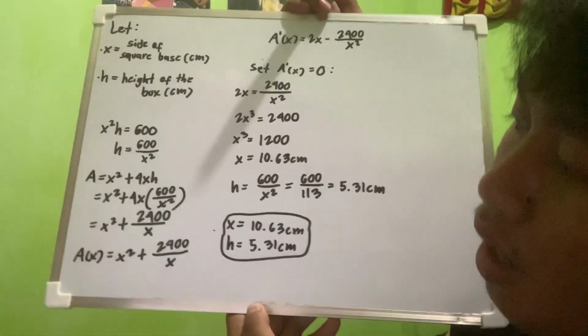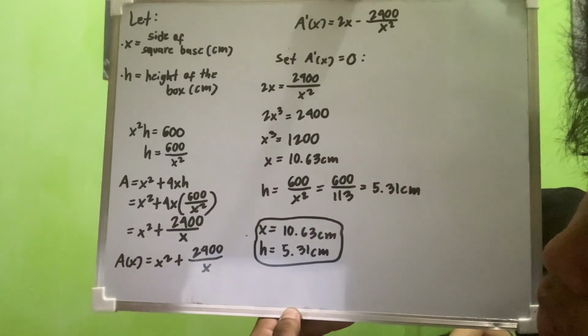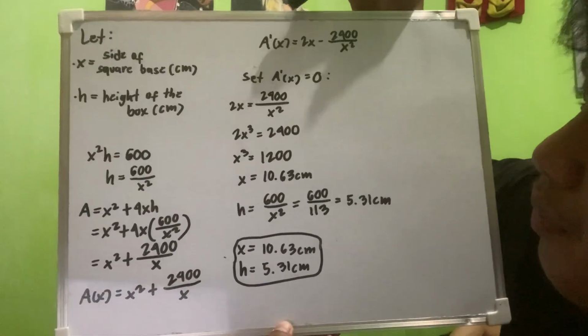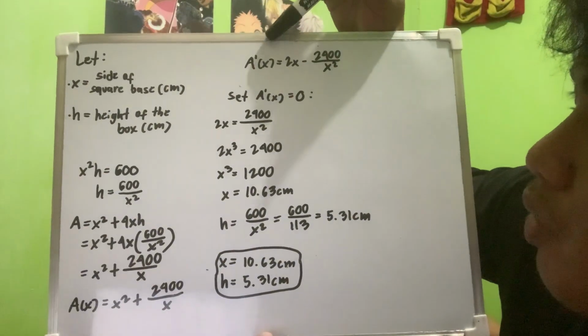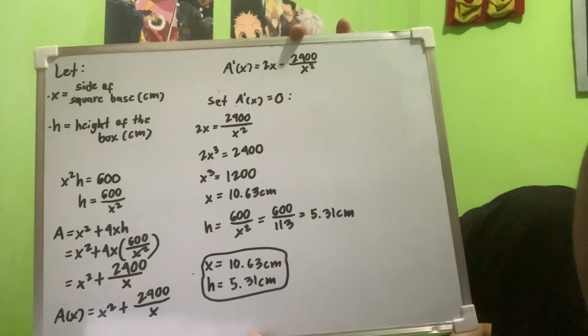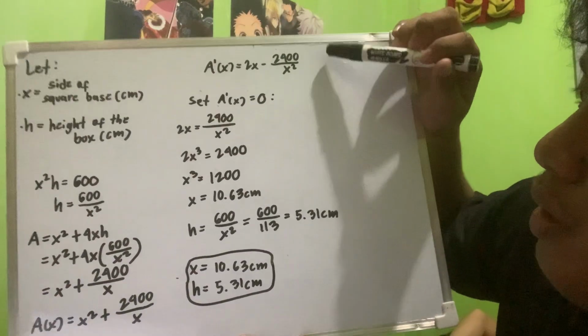So our area is x squared plus 2,400 over x. So A prime of x equals 2x minus 2,400 over x squared.